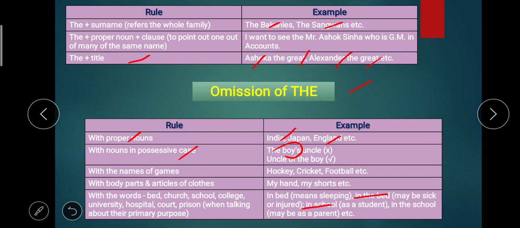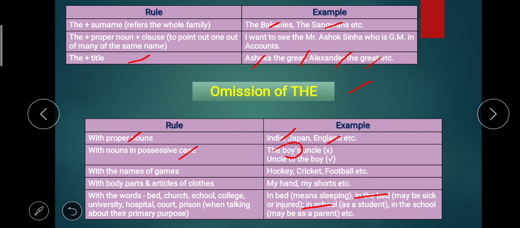Coming to the next, in school. When I say in school, it means the child or the person is at school for its primary purpose, and the primary purpose of school is to impart education. So if I say my son is in school, it means he has gone to school for education.